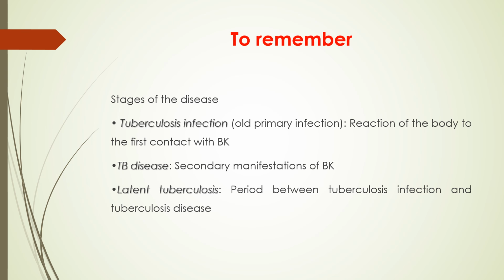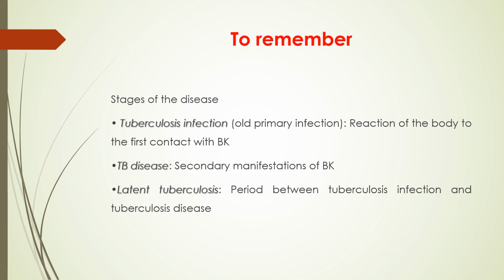So what we have to remember, we have 3 stages of the disease. We have what we call tuberculosis infection. It's the first contact between the body and the Koch bacillus. It's what we previously called primary infection, and it is responsible for the inoculation chancre.